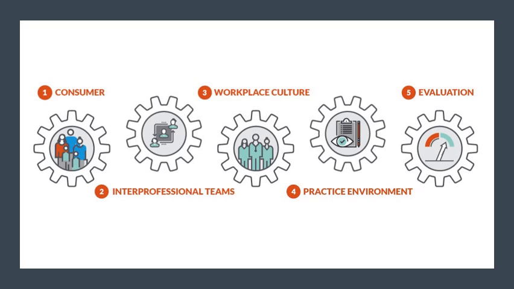Number 2 is interprofessional teams. That's looking at the individual actions and collaboration within the team members working that day, and that everybody's a full partner in the delivery of that care. So one person's not doing more care than another person. It's very even and very collaborative. Then we look at the workplace culture.